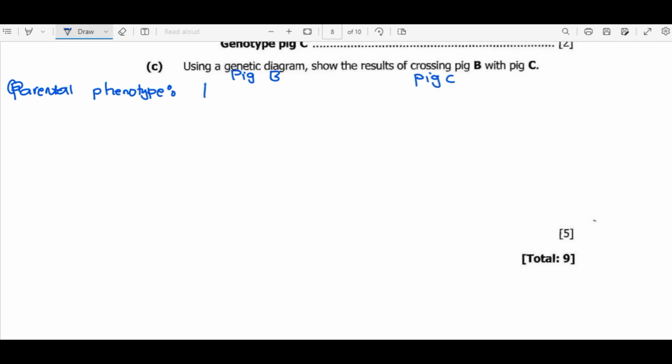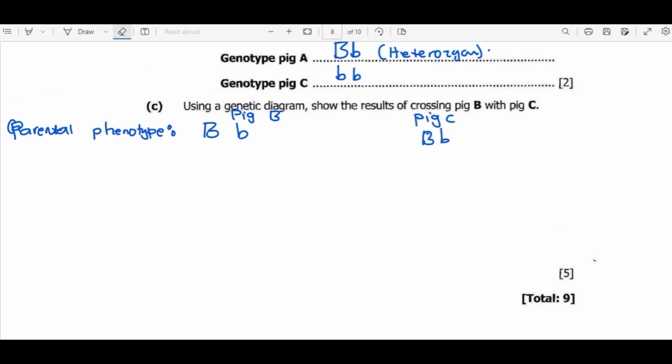So pig C, what did we say pig C is? Yeah, sorry, I take this back. We are looking at the phenotype first. So pig B, brown. Then here we have white.